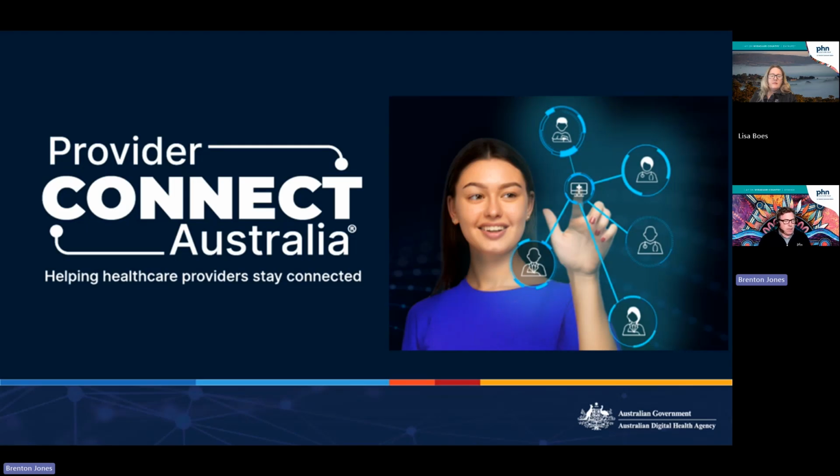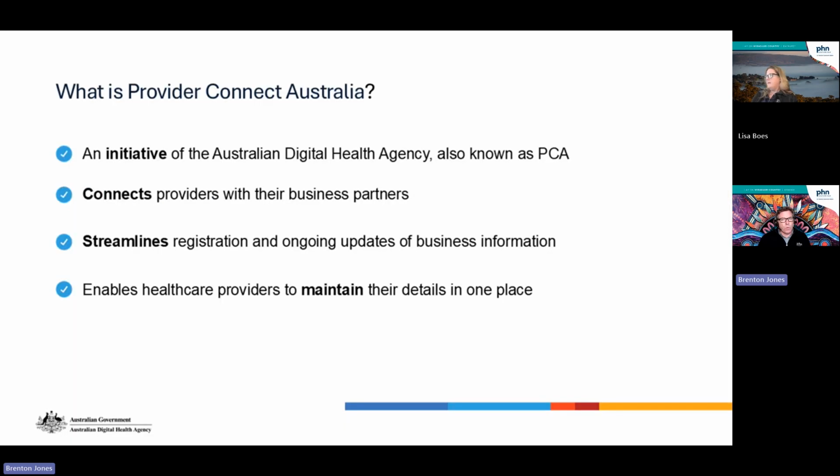Let's go into a lot more detail now on Provider Connect Australia. And what is it? It's an initiative of the Australian Digital Health Agency, and is also known as PCA. And from this slide onwards, I will refer to it as PCA. Now, it connects providers with their business partners.